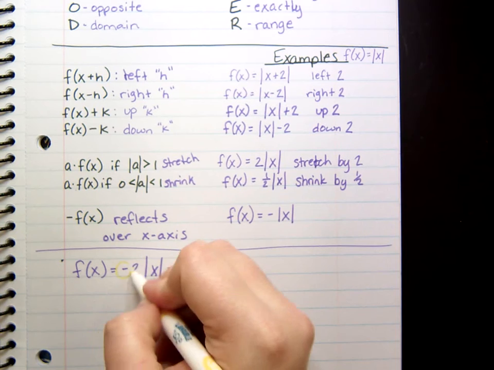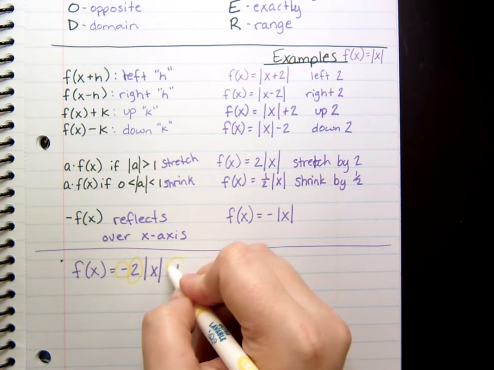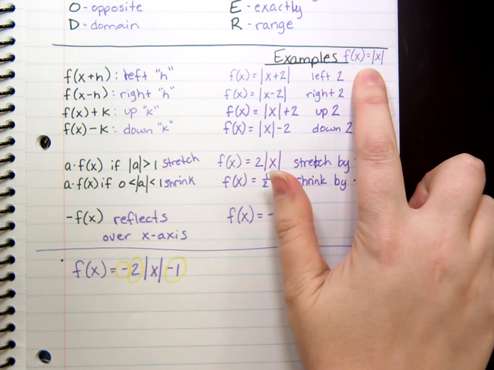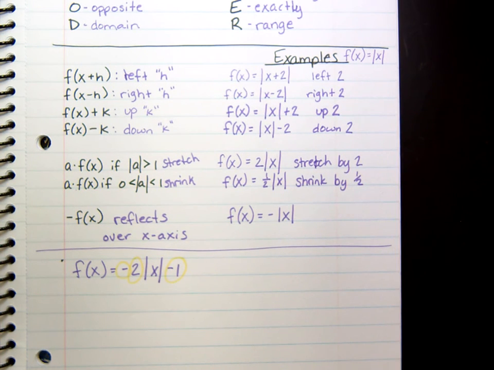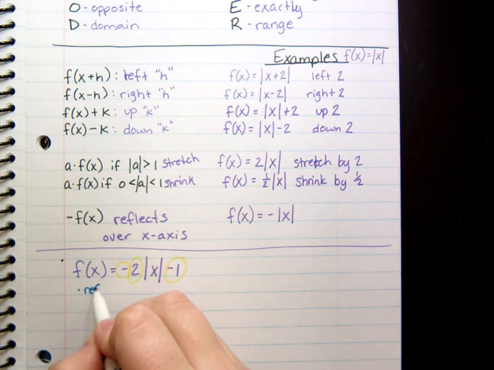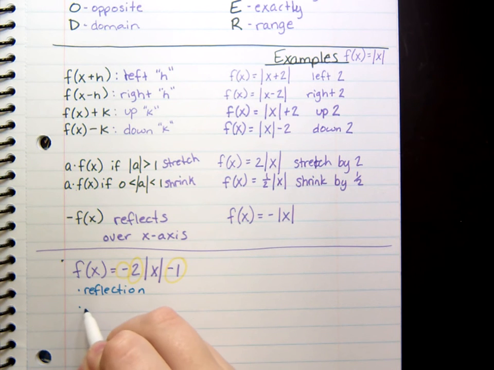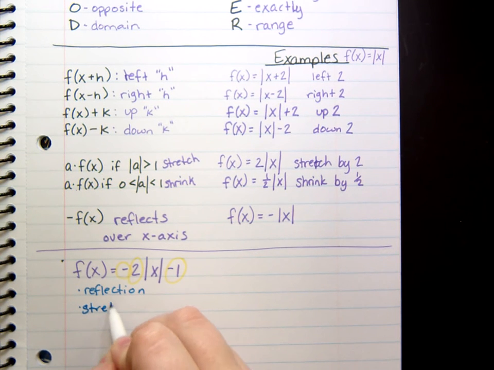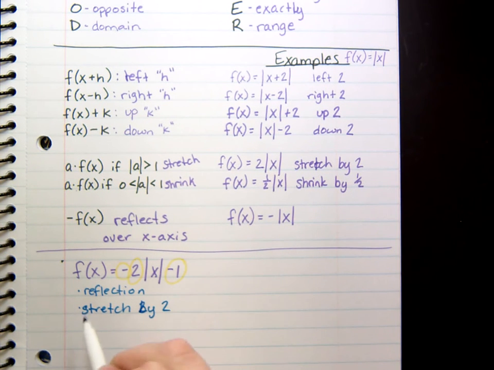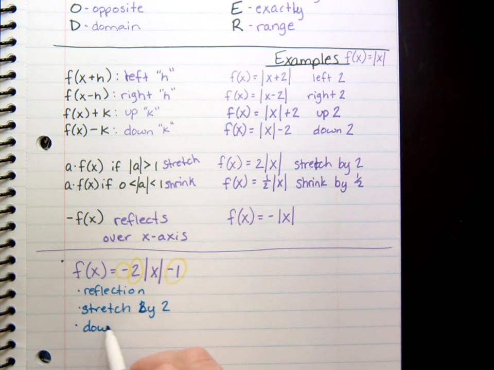The negative does something, the 2 does something, and the 1 does something, because those are all different from the parent function. So in this example, we have a reflection over the x-axis. It's a vertical stretch by a factor of 2. And then the -1, it's on the outside, so it moves it down 1 place.